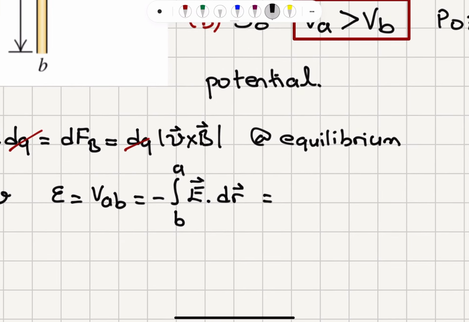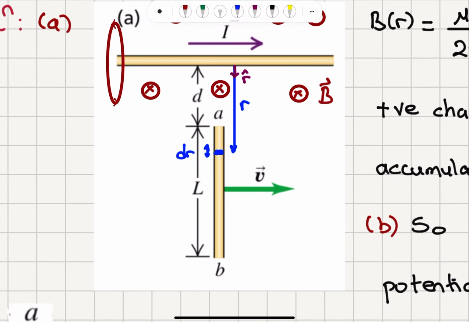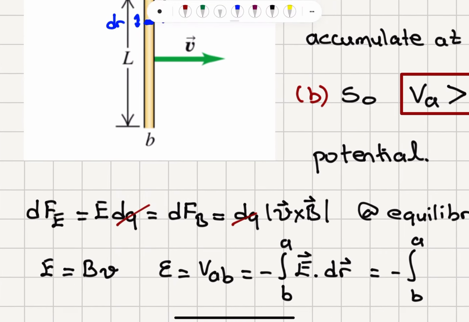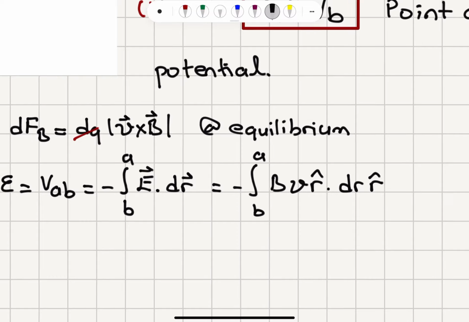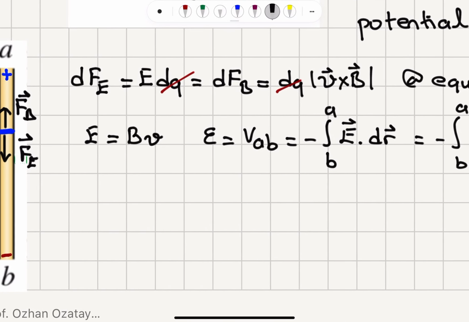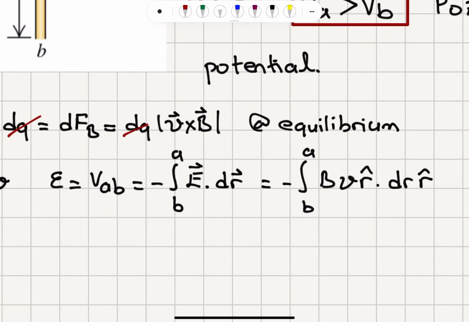So this is minus the integral B to A. The electric field points in the r hat direction. So what is the r hat direction? That's this direction from top to bottom. So Bv r hat. The displacement is dr in the r hat direction, and if we go from bottom to top, the dr value will be negative, obviously.